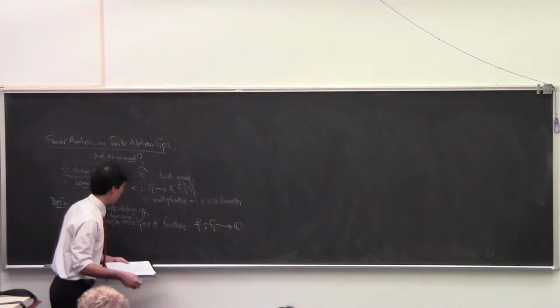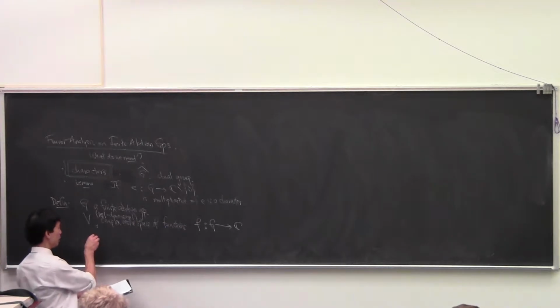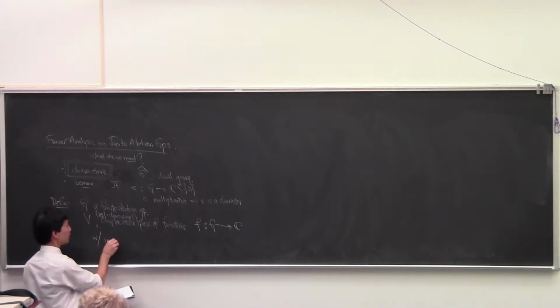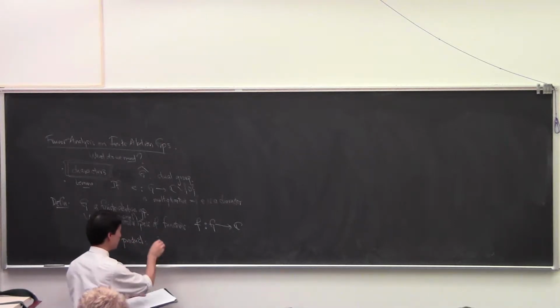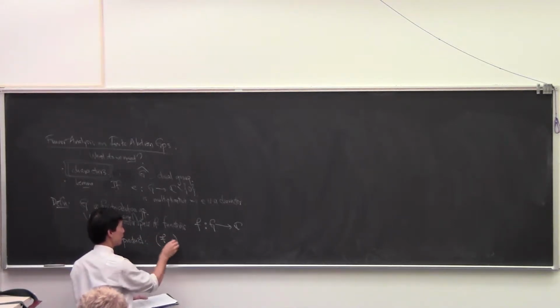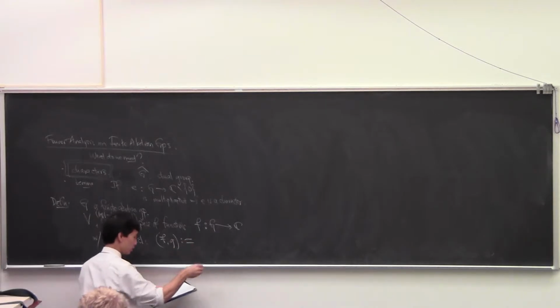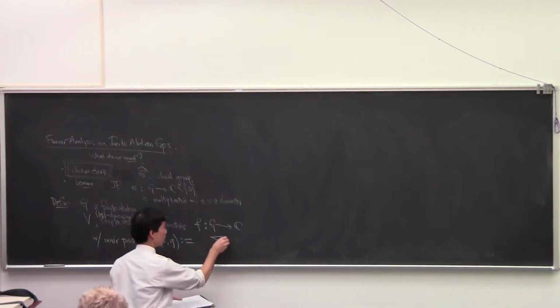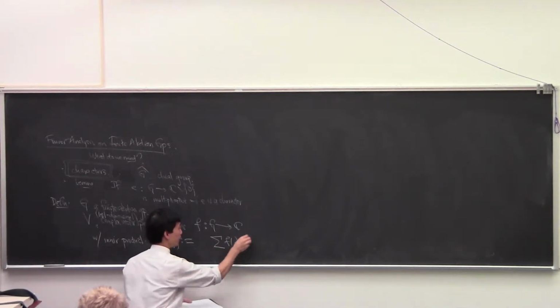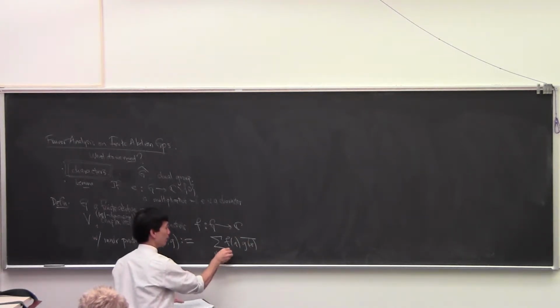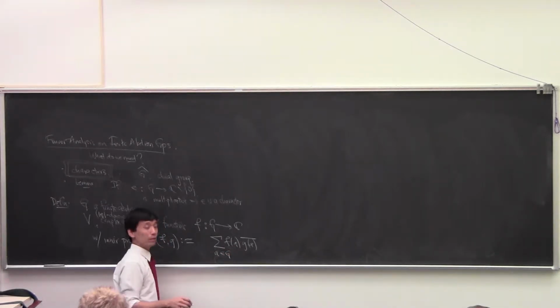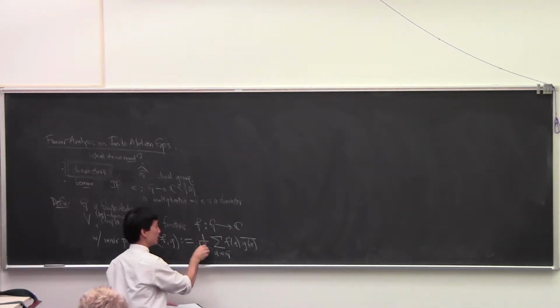Okay. And we can put on it an inner product, the obvious one: if you have two functions f and g, you define the inner product to be the sum of f against g bar, summed over all elements in the group, and then you throw in a normalization factor.